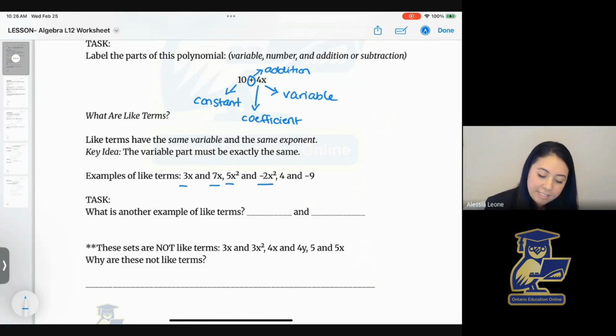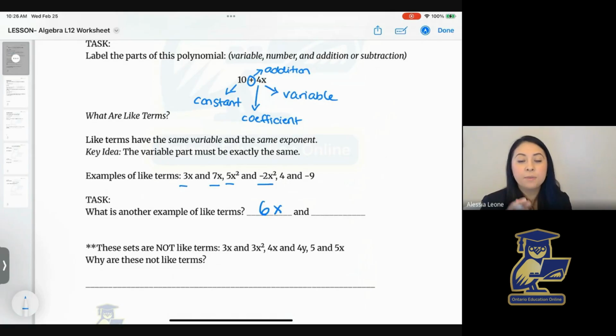What is another example of like terms? So it's asking us to just come up with something on our own. So let's think. Off the top of my head, 6x. What will match that? Any coefficient plus x will be a like term. We'll make it interesting. We'll use a negative. Let's go negative 3x. This has an x. This has an x.